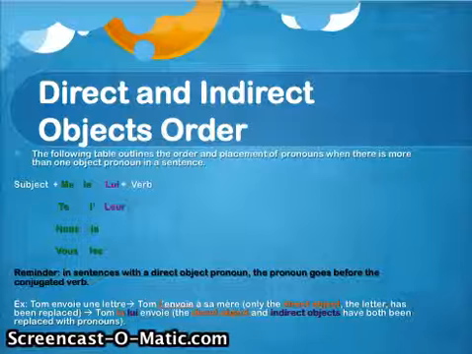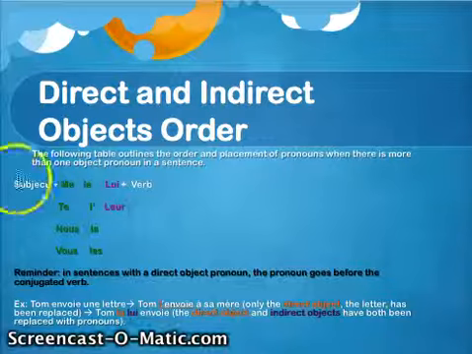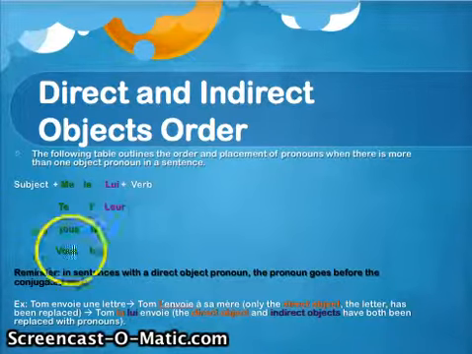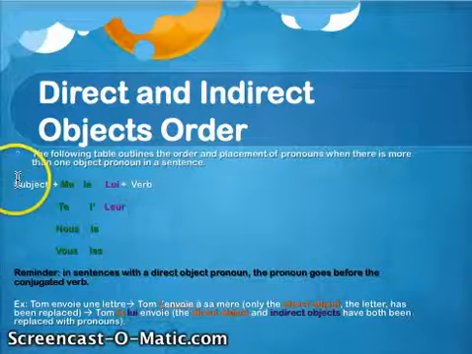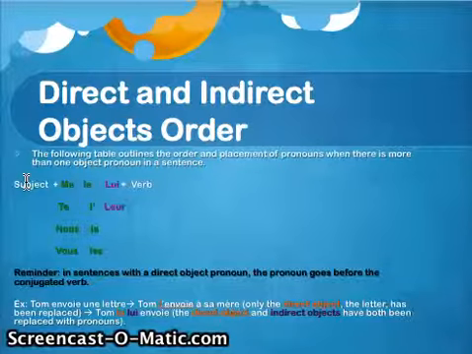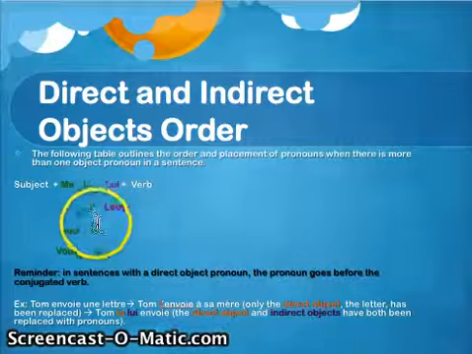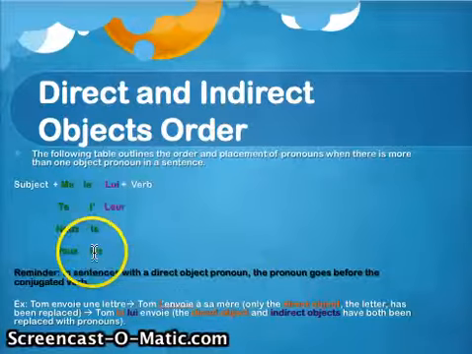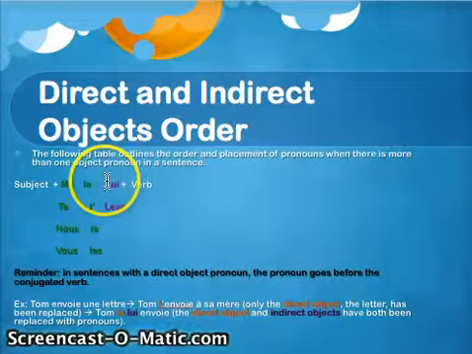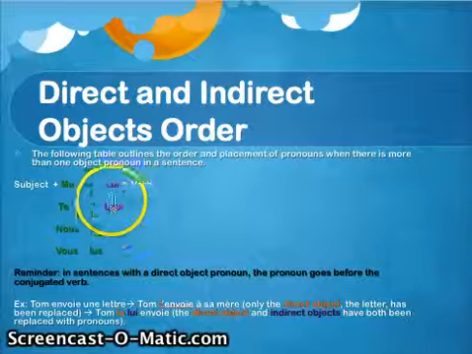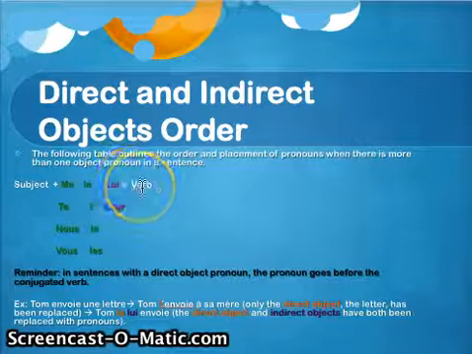Well, all I can tell you is to look at this model here, where you have the subject and you have the direct object pronouns, the indirect object pronouns, and then the verb.